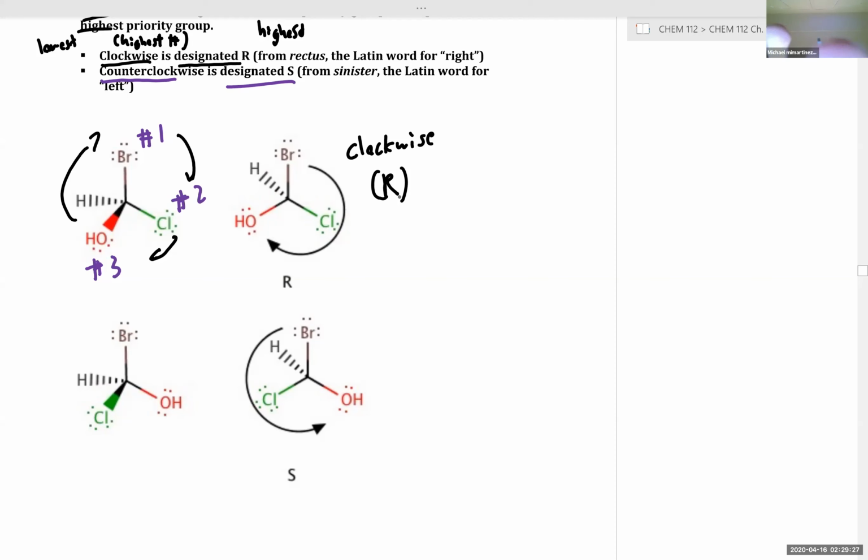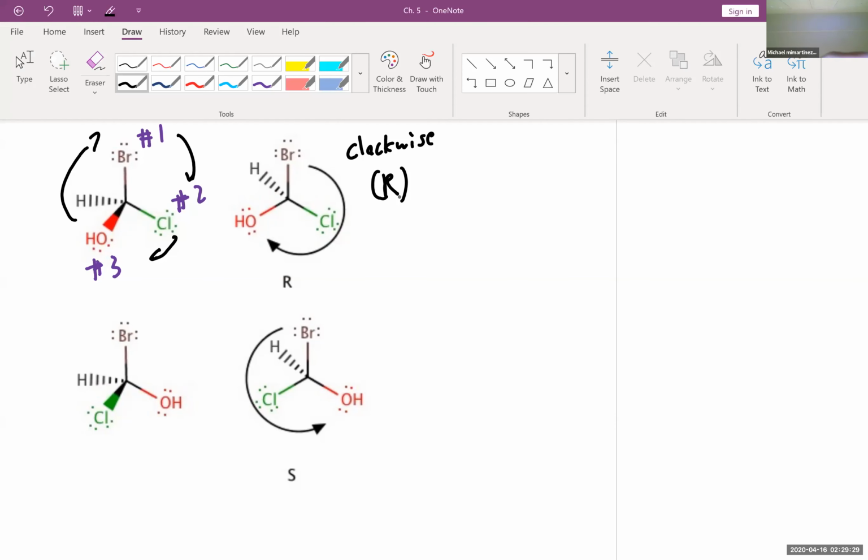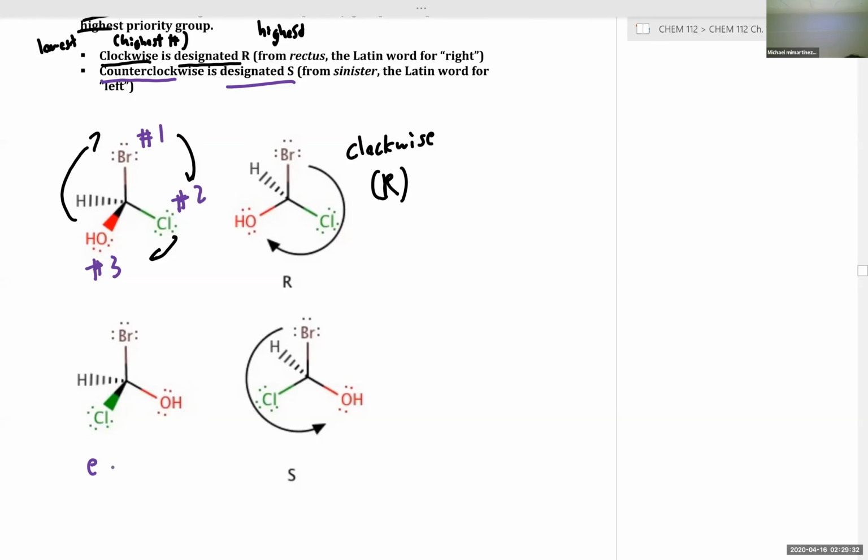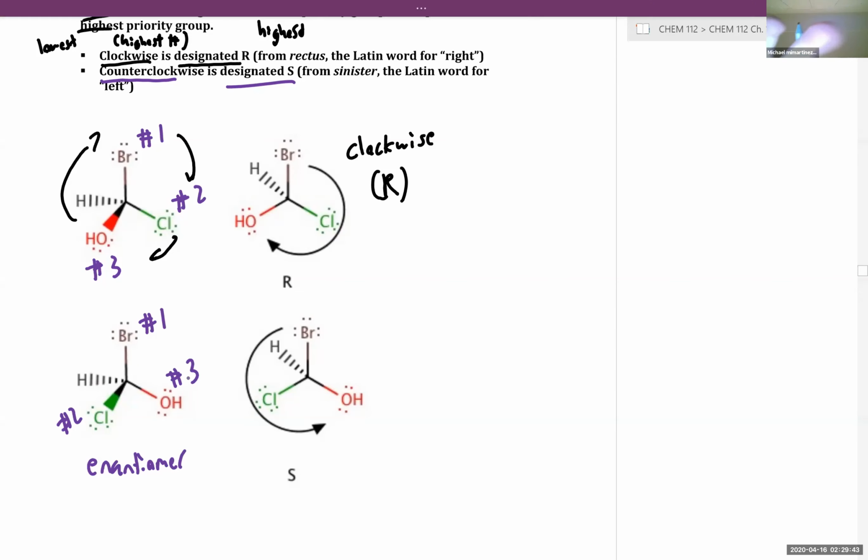Looking at our second example, our enantiomer, it has the opposite configuration at every chiral center, so bromine 1, chlorine 2, oxygen 3.